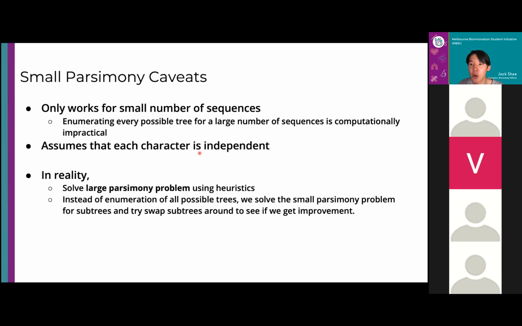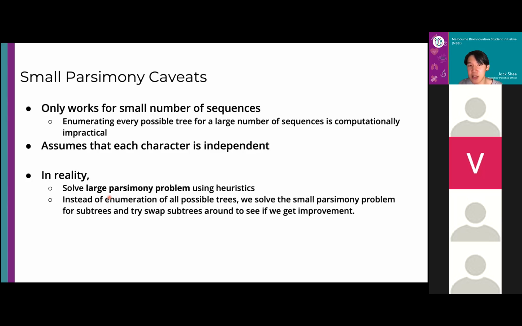It didn't matter whether one character mutated and it was next to another character that was likely to mutate. And in reality, that may not always be the case, because sequences may be correlated since they may have important functional properties, and definitely important chemical properties, that would lead to different changes in their mutation rate. So in reality, in order to solve a large parsimony problem, we first have to use heuristics.